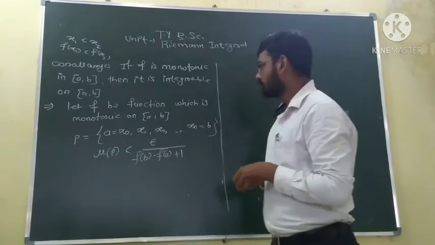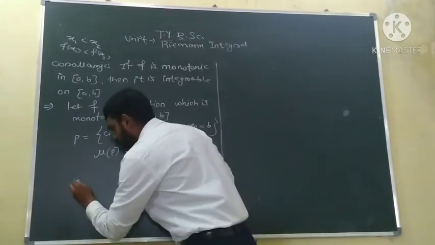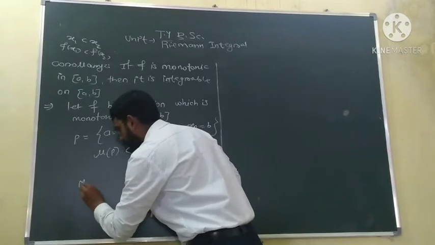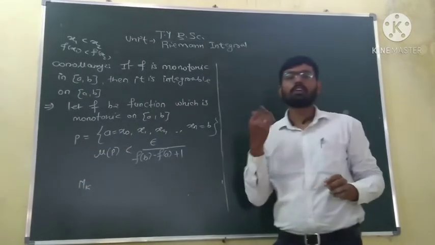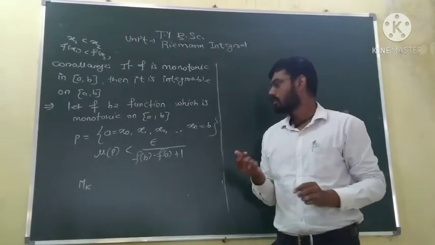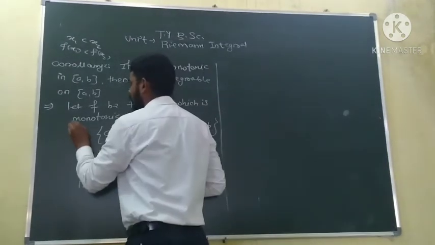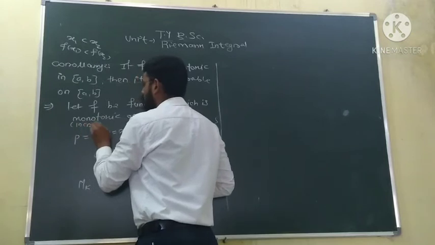Now we know Mk is the supremum of the function in the kth interval. We will assume our function is monotonic increasing. So let it be the monotonic increasing function.